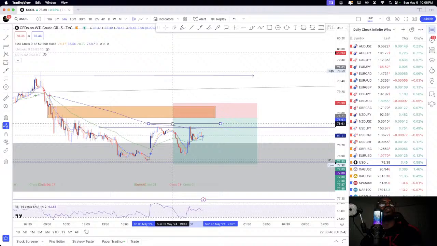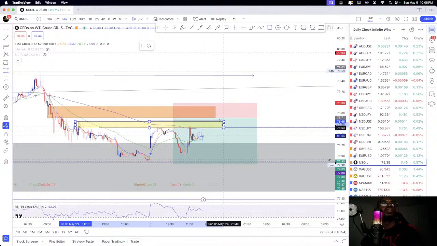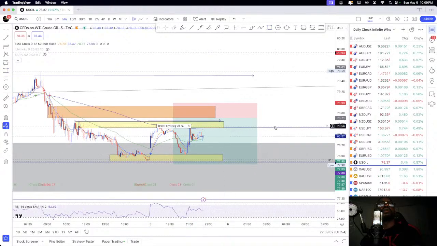So what we'll do, let's go ahead and track price. It always makes it easy. Alert below, alert above. Right here it's a double bottom on this 5-minute.